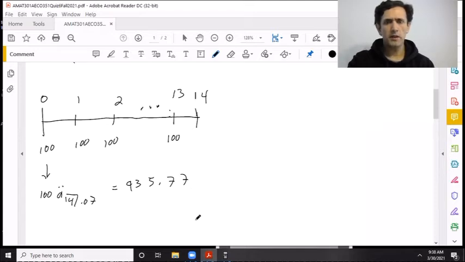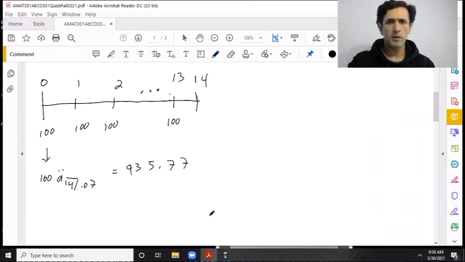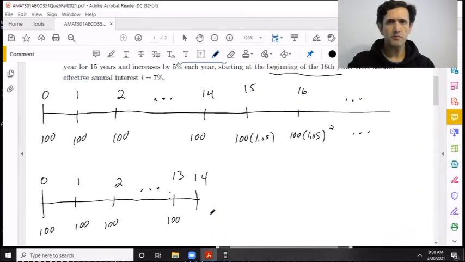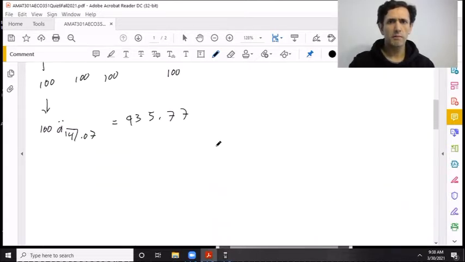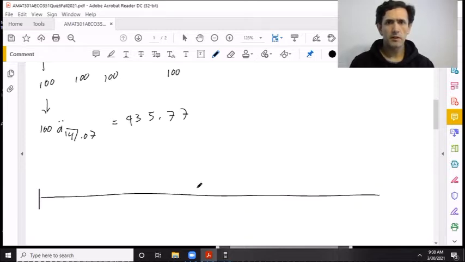Okay, and now for the next annuity, the first payment is going to be at t equals 14. Right? So I think this lines up to be t equals 14.